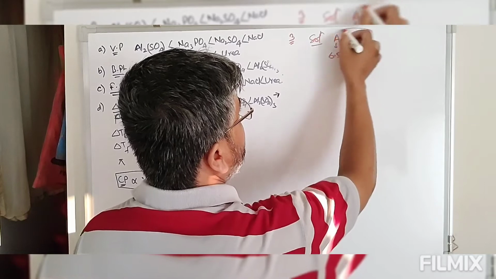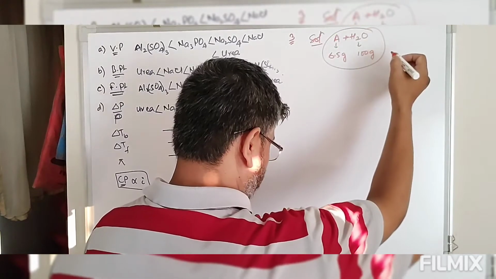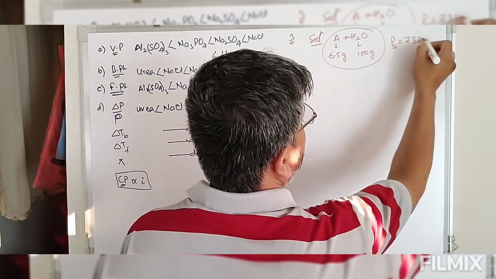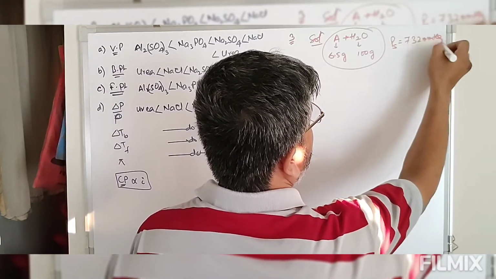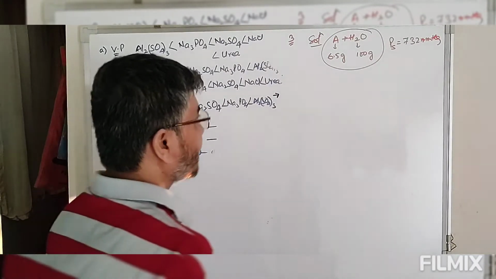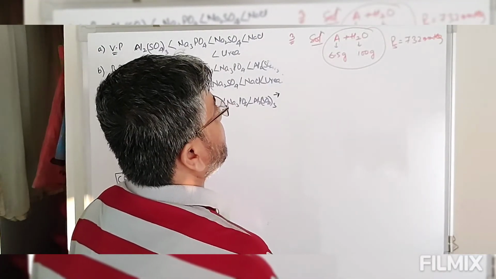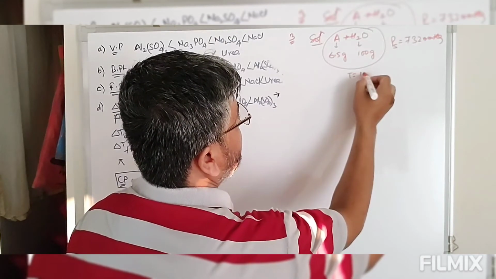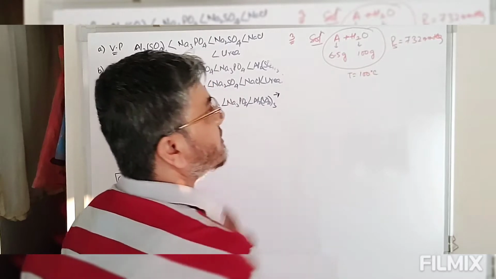Now this solution has a vapor pressure of 732 millimeter mercury. This solution is maintained at a temperature of 100 degree centigrade.